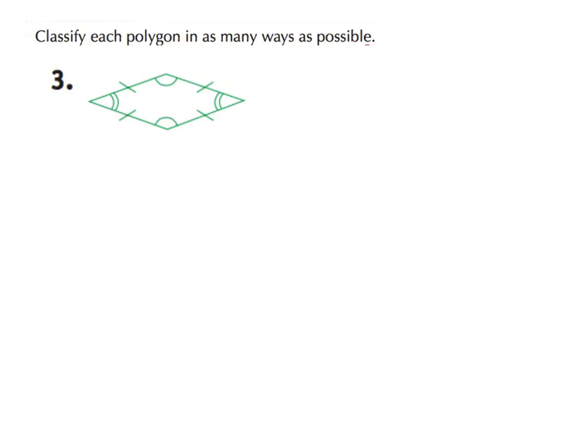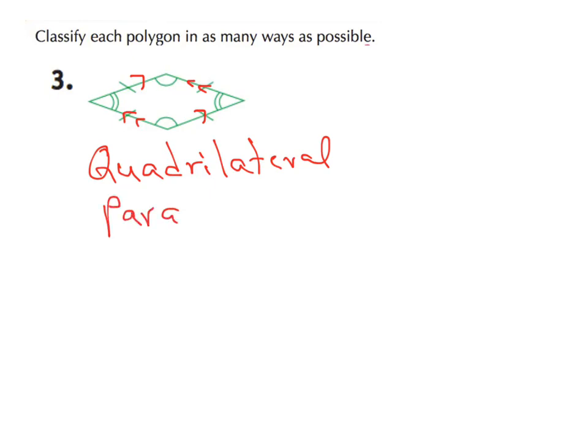Classify each polygon in as many ways as possible. Is this a quadrilateral? Yes, because it has four sides. So it's a quadrilateral. Are opposite sides parallel? Yes. So it's a parallelogram. Good.